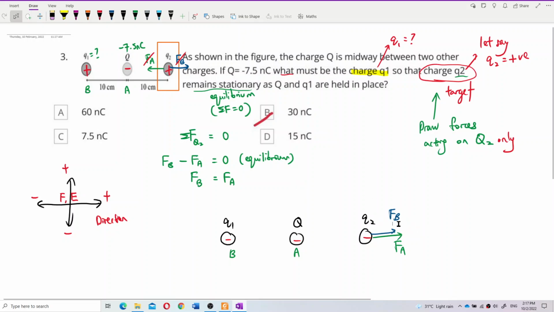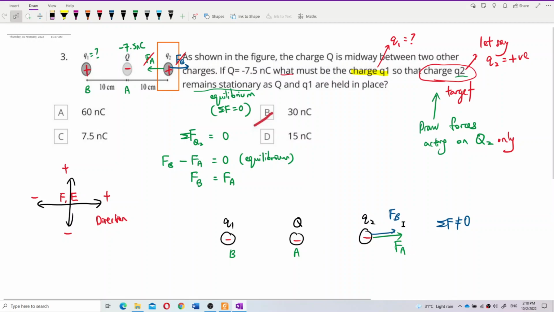If Q2 is negative and Q1 is also negative, negative charge and negative charge repel, right? So FB is to the right. So the total force cannot be 0, because FA and FB do not cancel each other, but are in the same direction and add up.